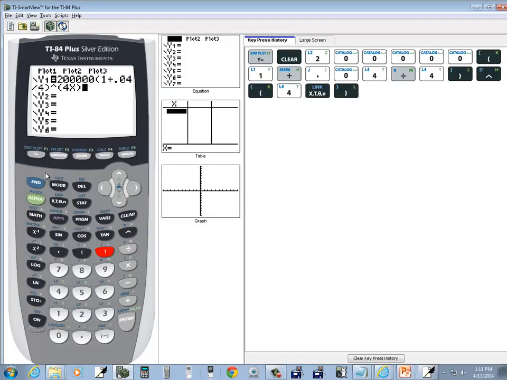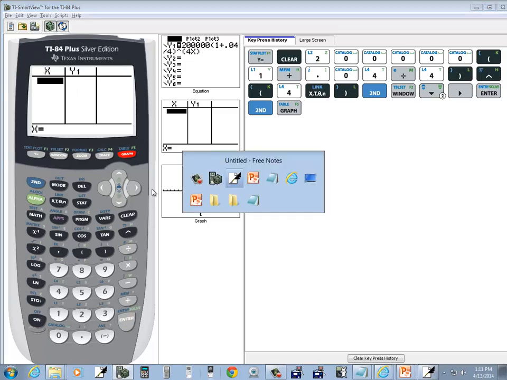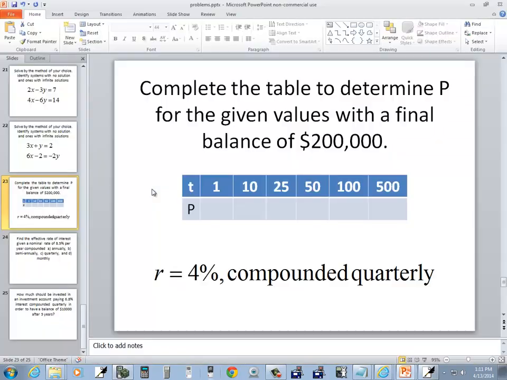Now I want to make sure my table setup is correct, so I do second window, and your independent variable should say ask. If it doesn't say ask, you down arrow to that line, right arrow, and press enter on ask. Now we go to our table, so we do second graph, and we're ready to start finding what they're asking.